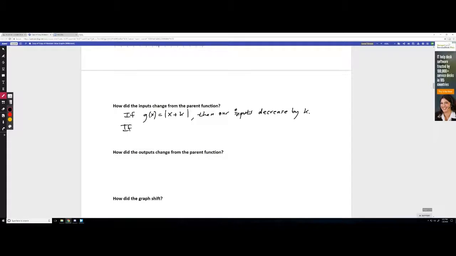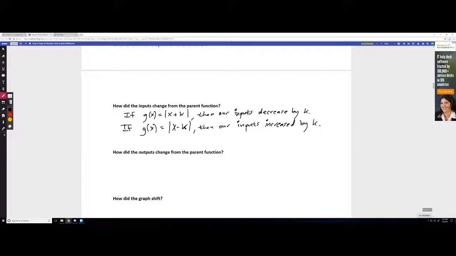If g of x equaled x minus k, on the other hand, right, then our inputs increased by k. So that's why I changed my numbers.